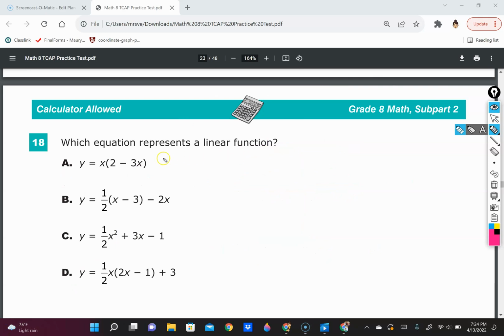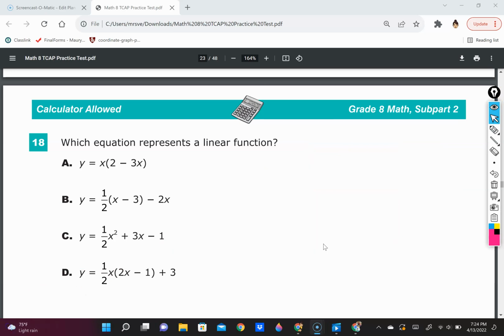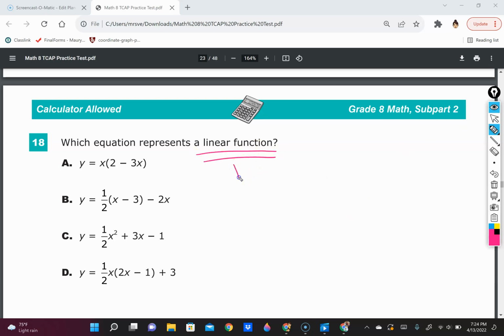Number 18, which equation represents a linear function? Throughout the year, we talked about 3 types of functions. Correction, we only talked about one type of linear function, making sure that we were understanding that slope-intercept form is our linear function.